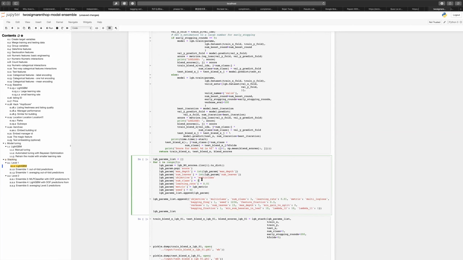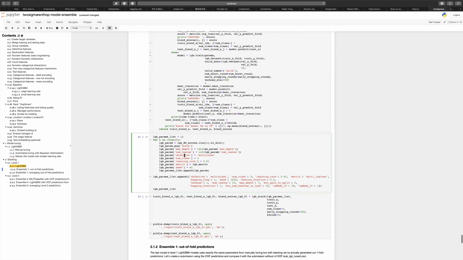Here I did a little trick. Remember we did the automatic tuning last time using Bayesian optimization, and we used the best set of parameters to train our final model. But one question you may wonder is, will the best parameters always perform the best?